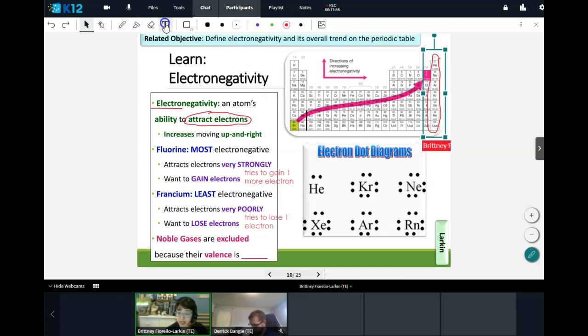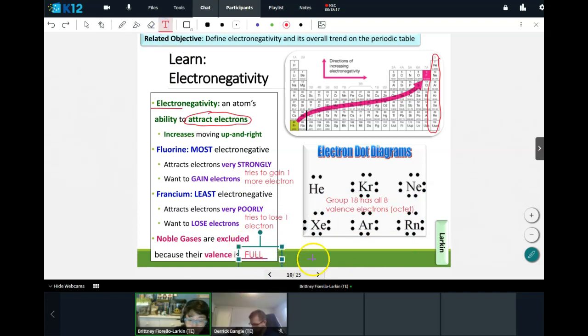Awesome. I see Micah, Landon on top of it. Yeah, they're in group 18, which means they have all 8 valence electrons, according to our octet rule. So they are completely full. If they are completely full, do you think that they will want to lose or gain electrons?